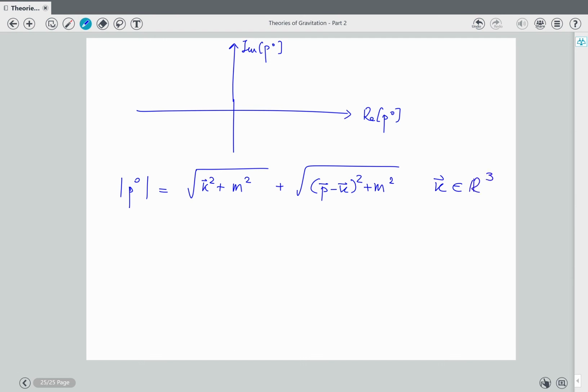But you know that, first, they are real, positive and negative. p0 is real, positive or negative. Second, it goes from a minimum, which is 2m, to infinity. So this is the location of the singularities, which are the branch cuts, two branch cuts.